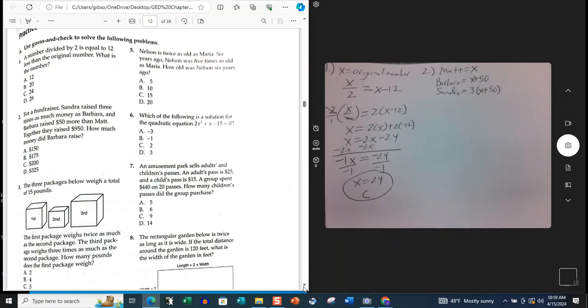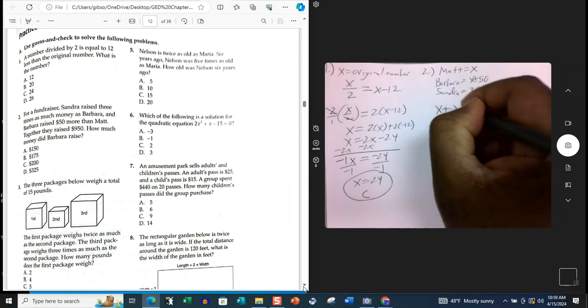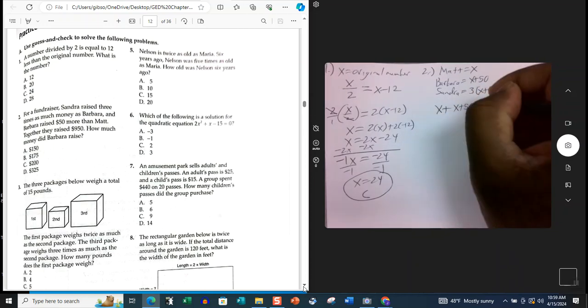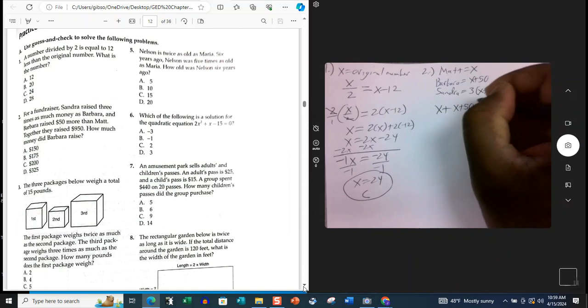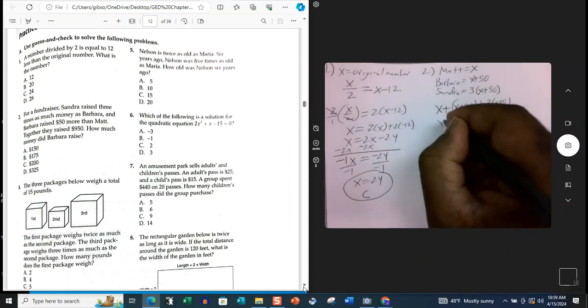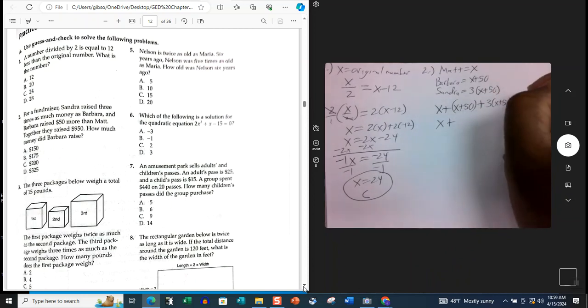Now, all together they raised $950. How much money did Barbara raise? So we have to add these 3 together, Matt, Barbara, and also Sandra. So now we could drop the parentheses here since they had a plus sign in the front. Oh, I'm sorry.